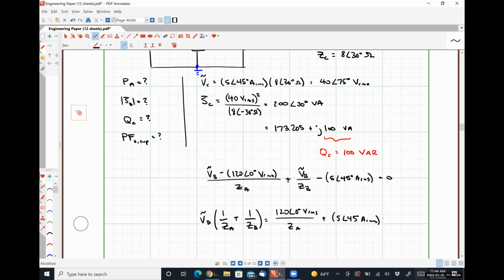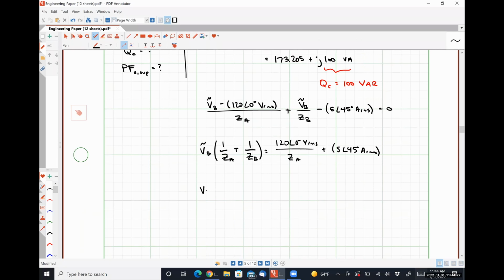And therefore, VB is (120 angle 0 degrees volts RMS divided by ZA plus 5 angle 45 degrees amps RMS) multiplied by ZA ZB over ZA plus ZB.